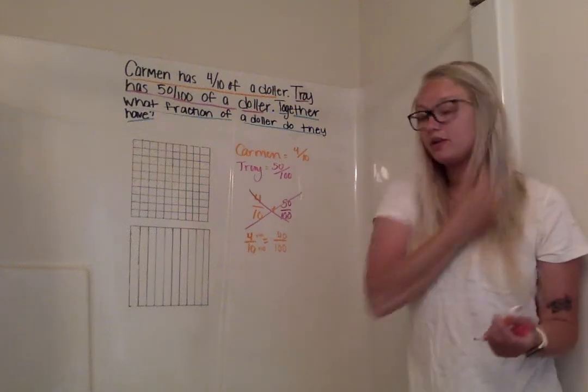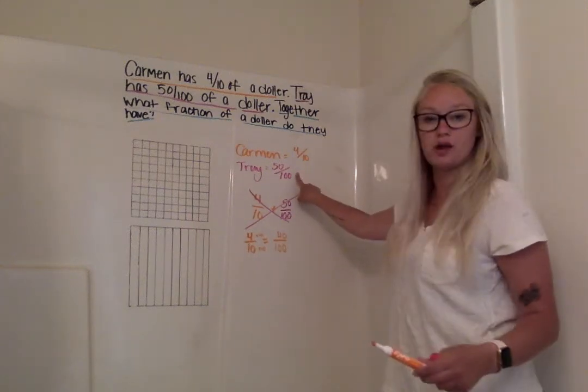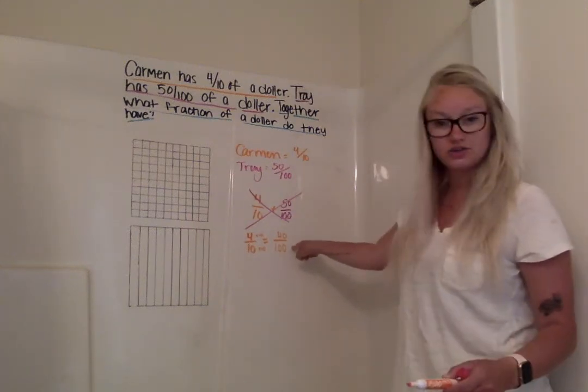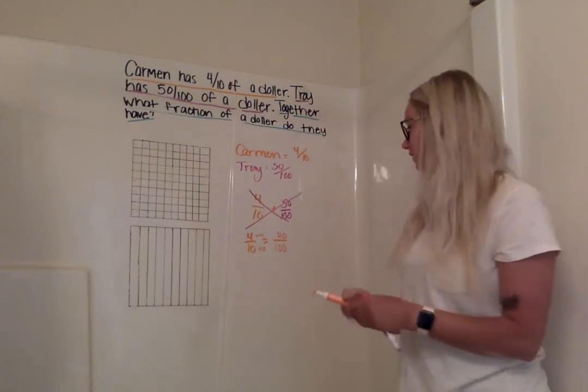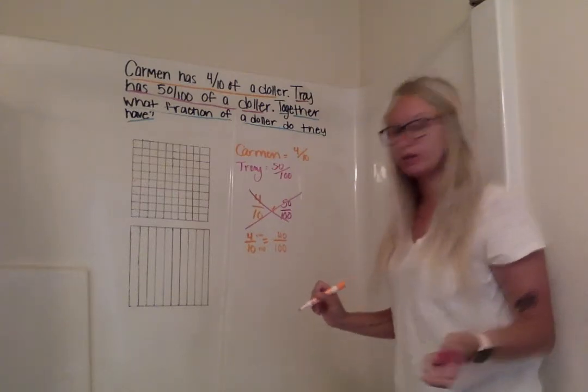Now we have 50/100 from Troy and 40/100 for Carmen, and we can add those together to get our solution.